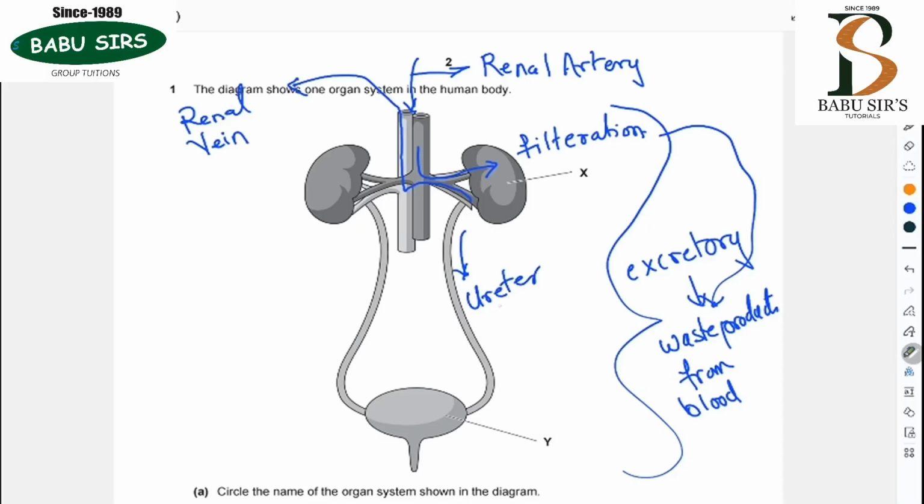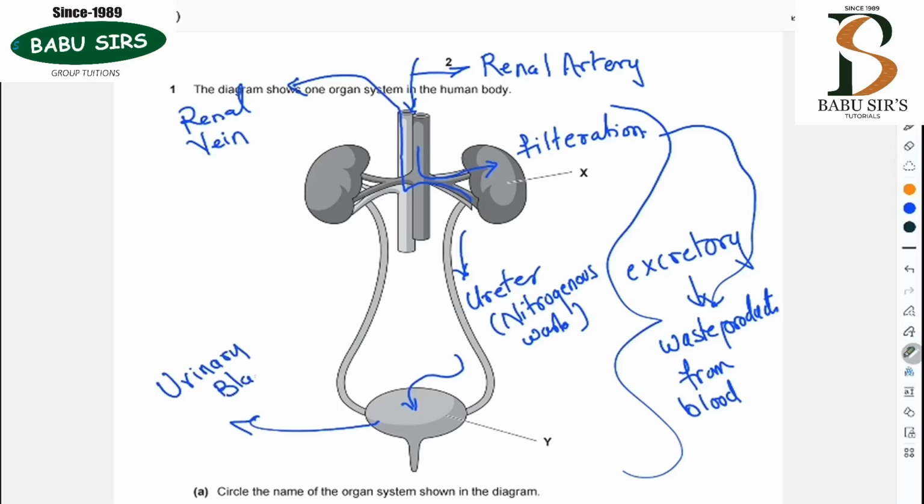So what is the waste products? Waste product is nothing but the nitrogenous waste. This will collect in the urinary bladder in the form of urine.